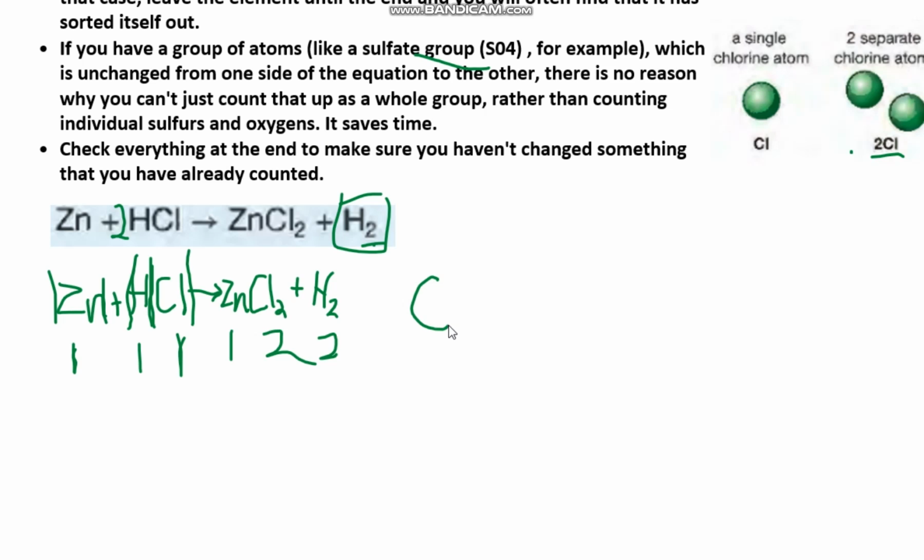Then we have another example, C2H6, which is ethane. You will learn this at the end of the book or the last unit. And this is oxygen.